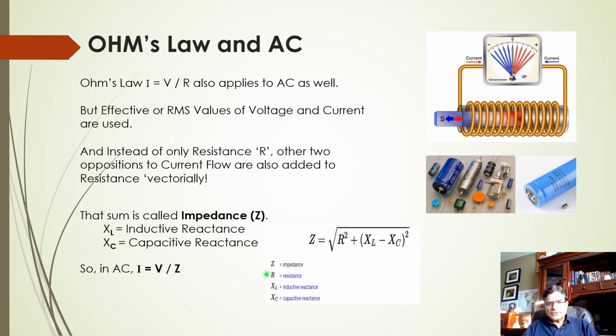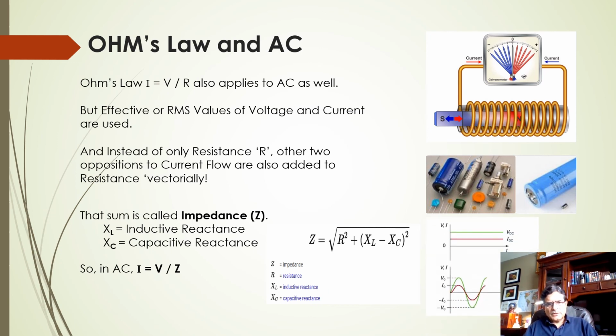Okay, so Z is impedance, R is resistance, XL is the inductive reactance, which is the reactance or resistance produced by this coil, and XC is the capacitive reactance, the opposition produced by the capacitances.